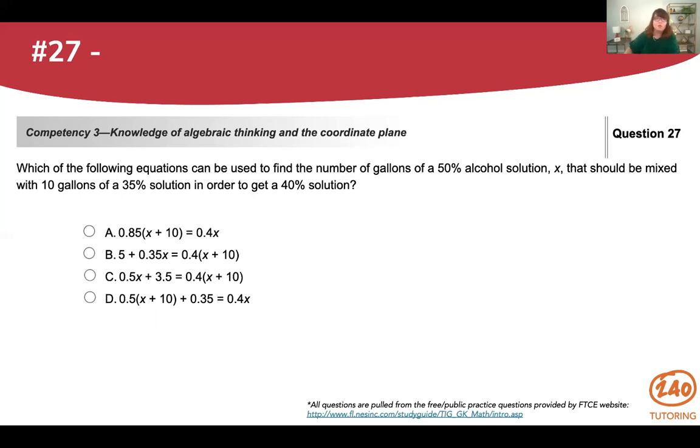So really, I'm looking at an equation, and I know I've got gallons and 50% that I'm combining, mixed with 10 gallons, because I know how many gallons over here, I don't know how many over here, and 35%. And that's going to equal some number of gallons of a 40%.